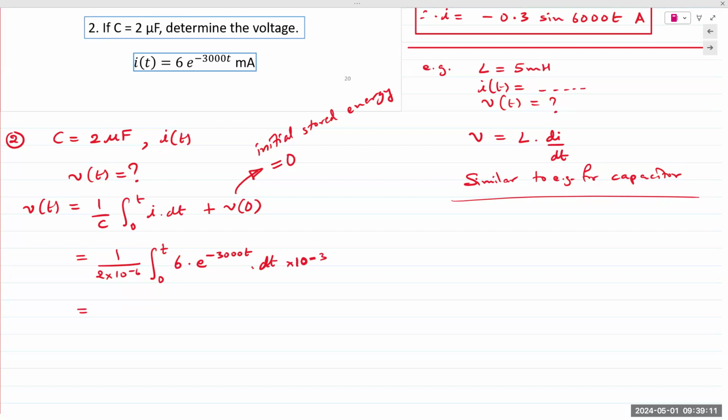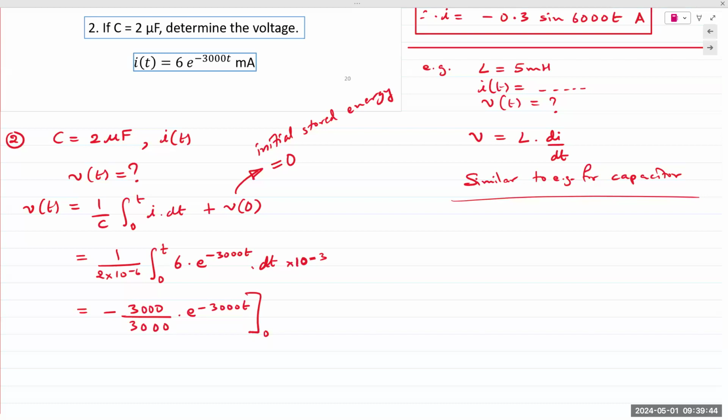Minus 3000 t comes outside, and 10 raised to minus 3 comes outside, so we get minus 3000. And 2 into 10 raised to minus 6 gives us 1 over 2 into 10 raised to 6, half divided by, that should give me 3000 into e raised to minus 3000 t.